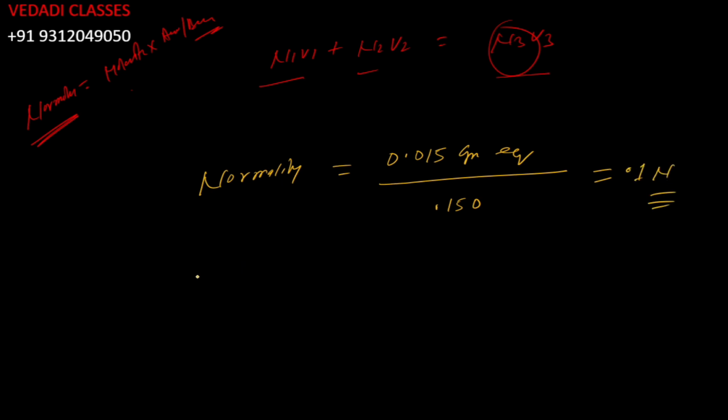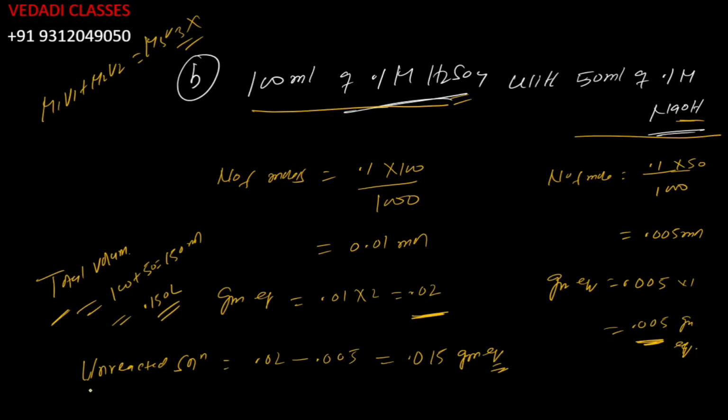And if you want to find out the molarity, then you have to use this formula: normality is equal to molarity into acidity or basicity. Since it is acidic in nature, because acid is more over here and base is less, the solution will be acidic.